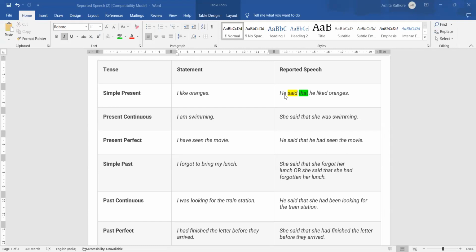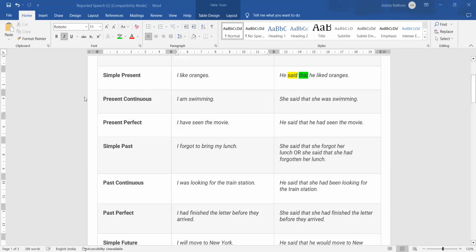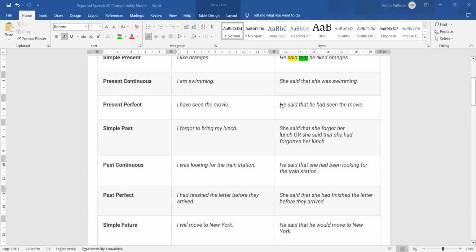Remember this: simple stays simple, continuous stays continuous, perfect stays perfect. However, there is a jump. In the first three examples, we can see present is converting into past, because the action has already taken place.